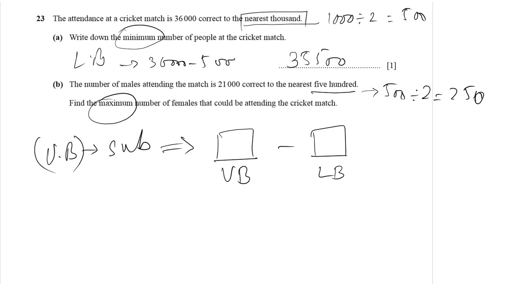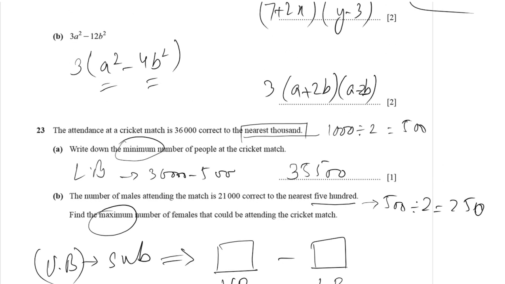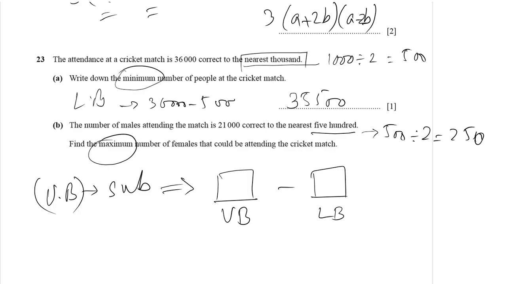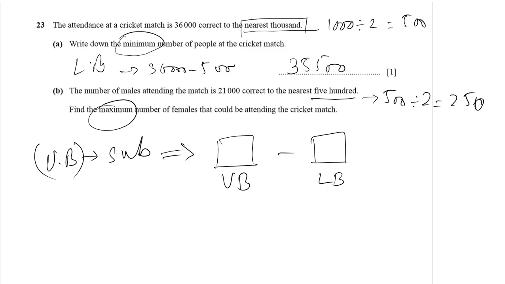So obviously, our first value would be our total, and now I have to convert 36,000 to its upper bound by adding 500, but by adding 500 it may be rounded off to 37,000, so I cannot do that. So I'll just take whatever maximum I can take, so it would be 36,499.